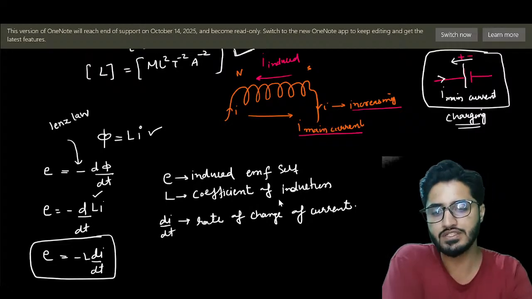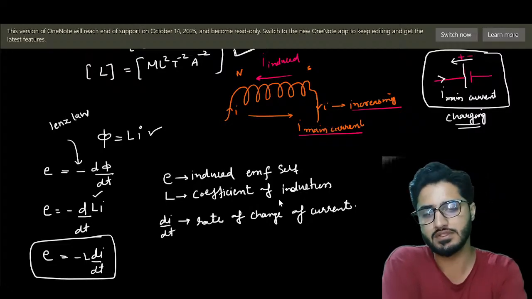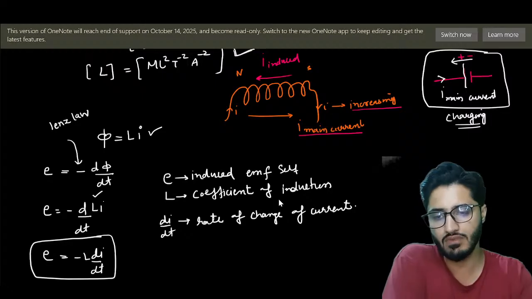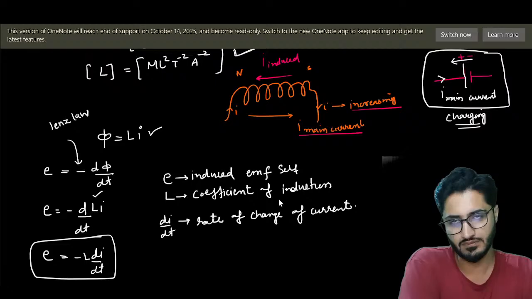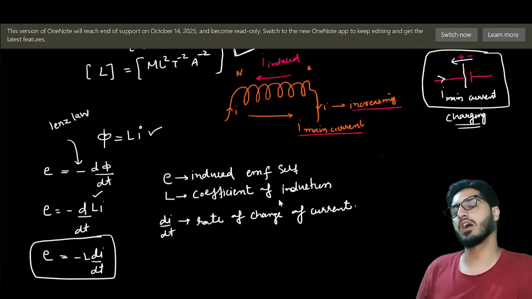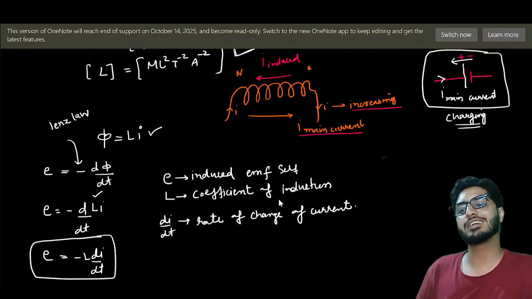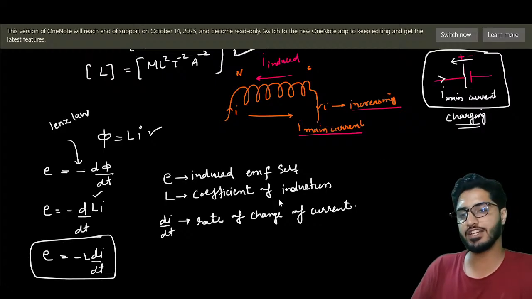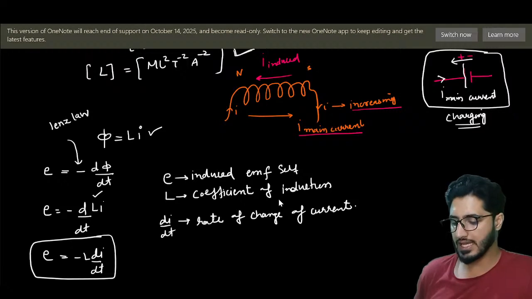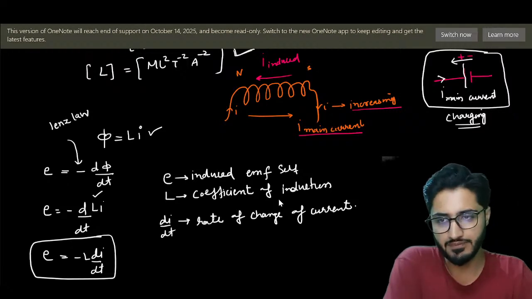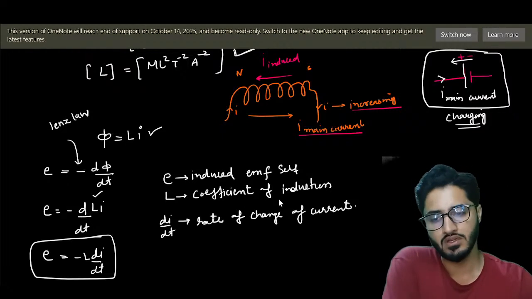Done? Clear, no? Easy? So we have the equation now: E equals minus L di by dt. Done? Okay.